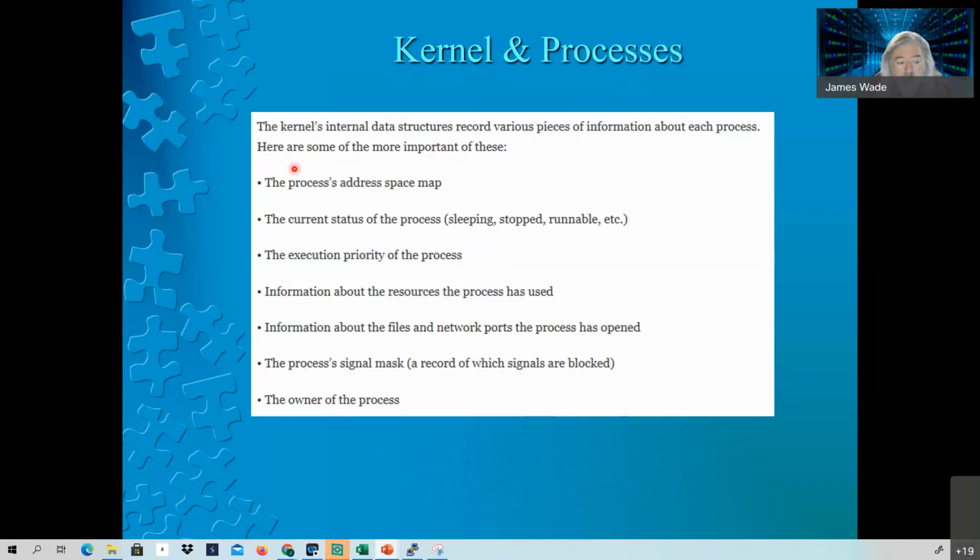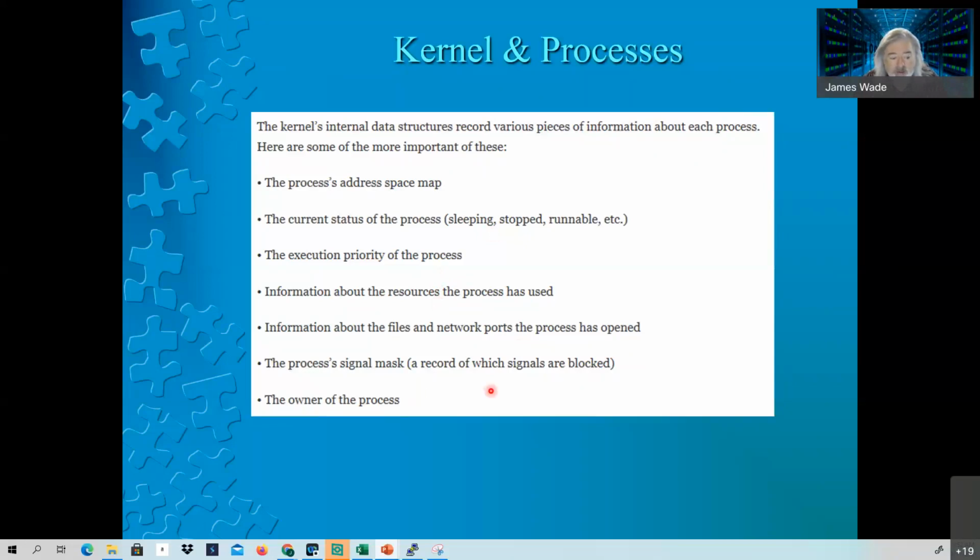Some of the more important is the process's address map space in memory, the current status, whether that process is sleeping, stopped, or runnable, the execution and priority of the process, meaning how much CPU does it get, and then there's information that it records about the resources that the process has used, like how much I/O or memory or CPU. There's also information about files and network ports the process has opened. And the process's signal mask.